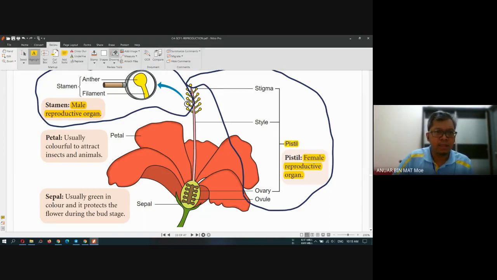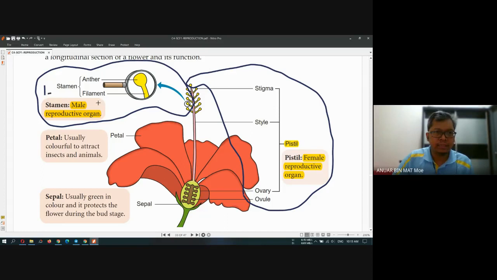Can you see the difference here? Number one is stamen. Stamen is the male reproductive organ. And then the second one is pistil. Pistil is the female reproductive organ. Can you identify which one is male and which one is female, class? Is it okay?